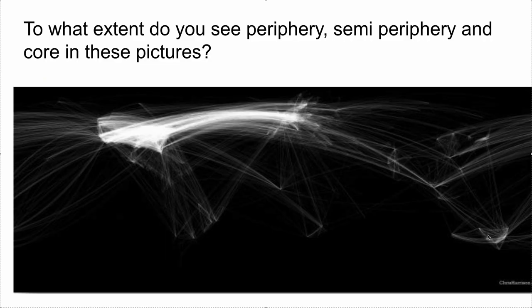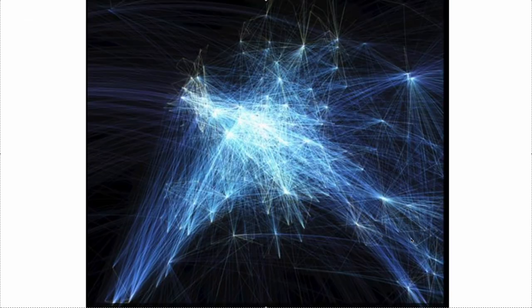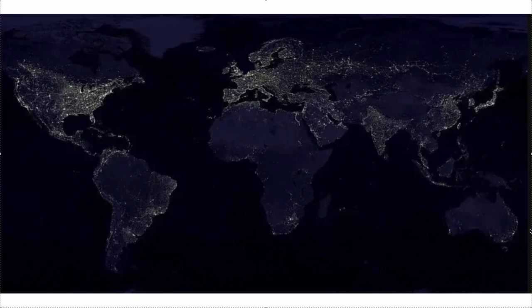So this is an activity on your worksheet. To what extent do you see periphery, semi-periphery, and core in these pictures? Right. This is actually a map of flight paths and their frequency. On your worksheet, there's also World at Night, where you can see some of those well lit up areas are mega cities, right?